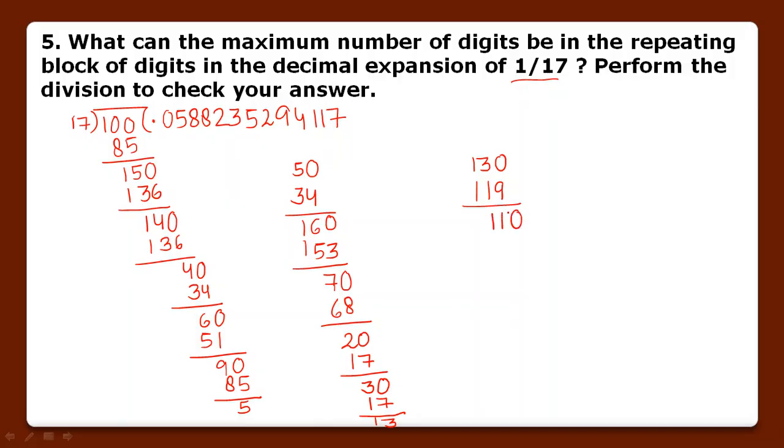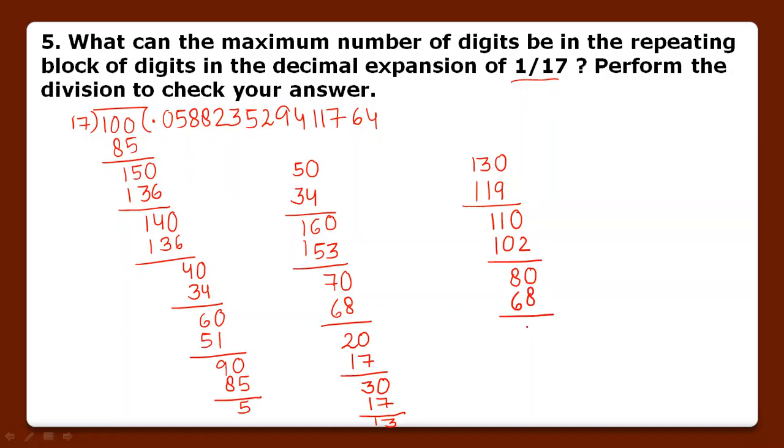We'll again take a 0. Then 17 6s are 102. We'll get the remainder 8. We'll again take a 0. Then we'll write 17 4s are 68.